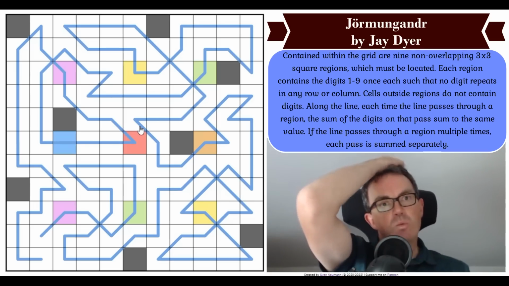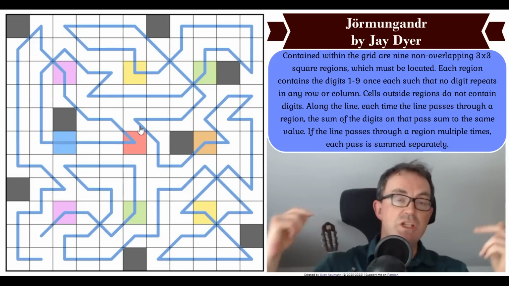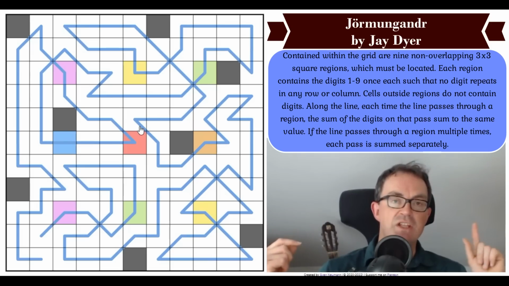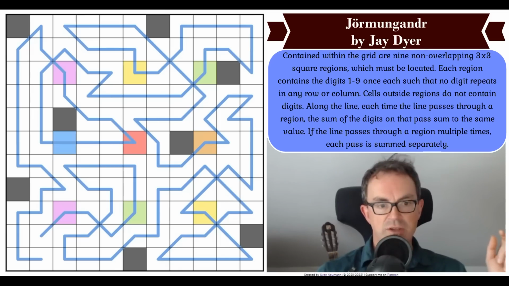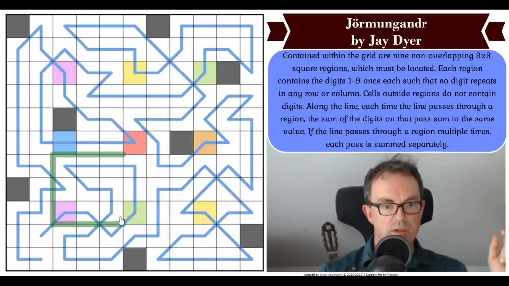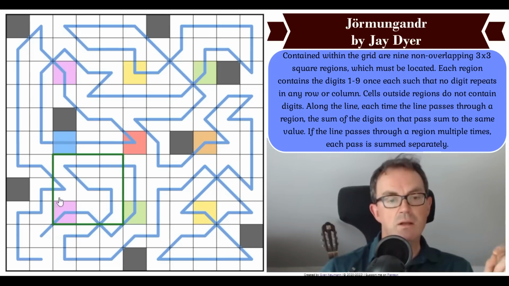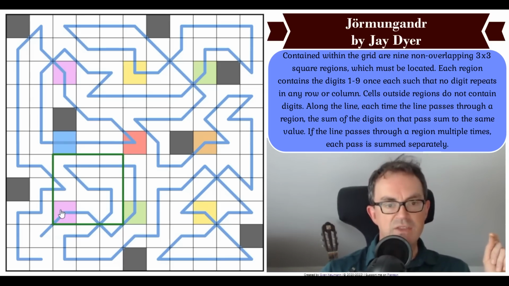So I can immediately rule out any number that is less than 9, and that's because, again, let's draw in the 3x3 box. Although that's probably wrong as well, but I'll just draw it in. But obviously one of the numbers in this box is a 9.